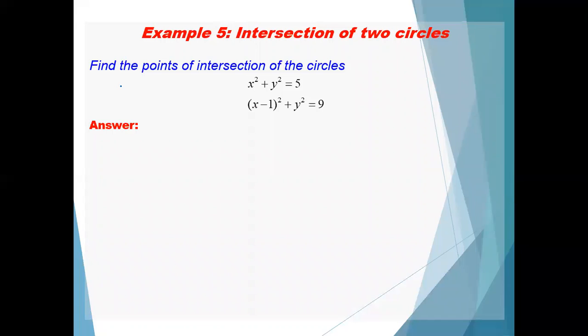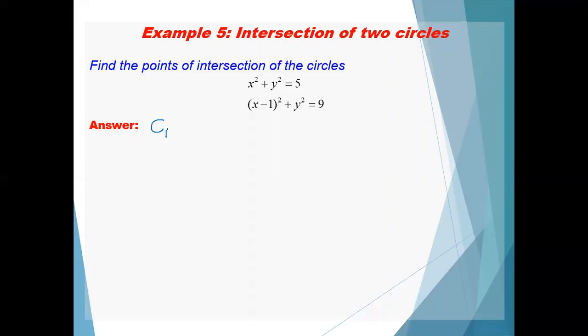Find the points of intersection of the circles given x squared plus y squared is equal to 5 and x minus 1 squared plus y squared is equal to 9. So what is the center of C1?